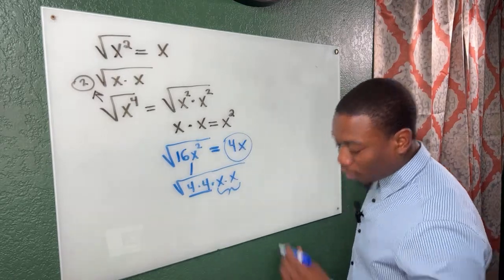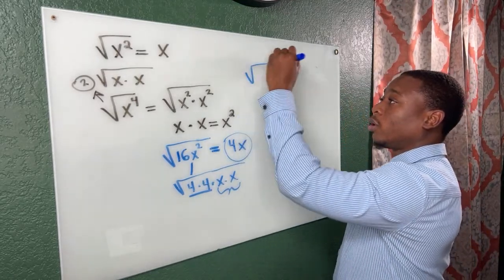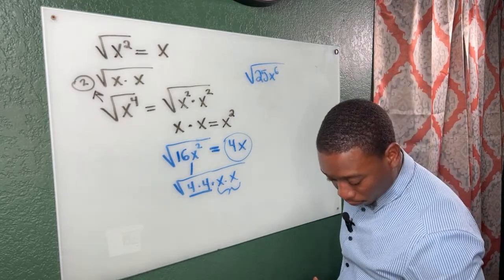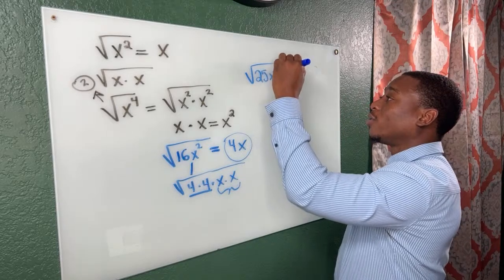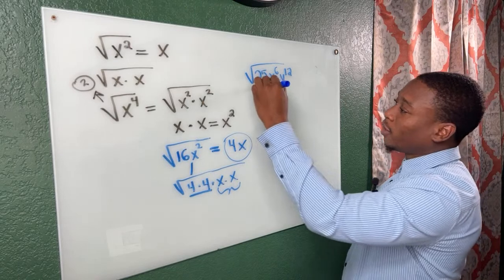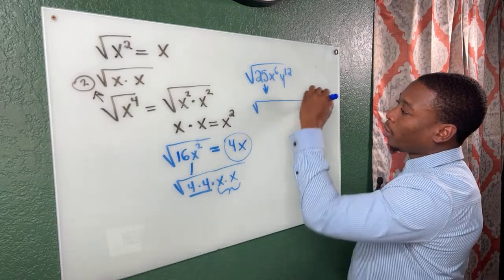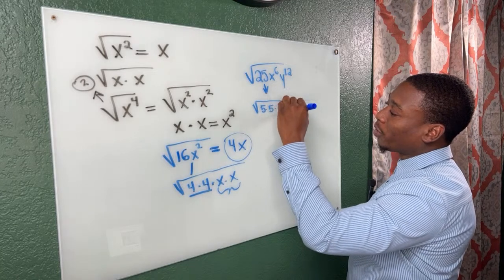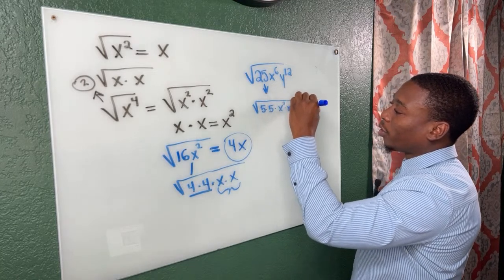Now in our second example, let's say we had a larger one. So now we have the square root of 25 x to the 6th power, y to the 12th. When we think about this, it could break down to 5 times x squared times x squared times x squared.